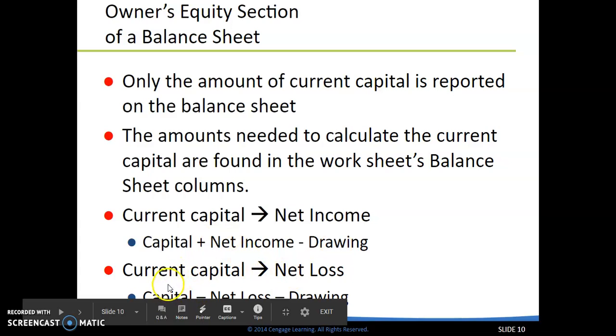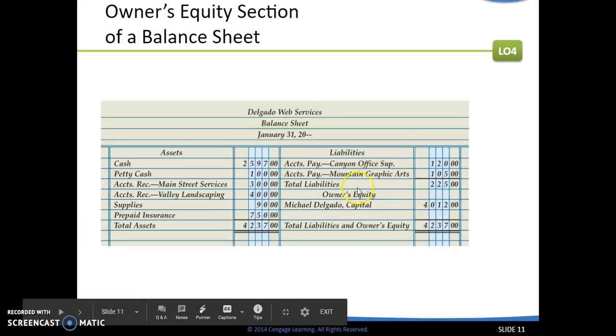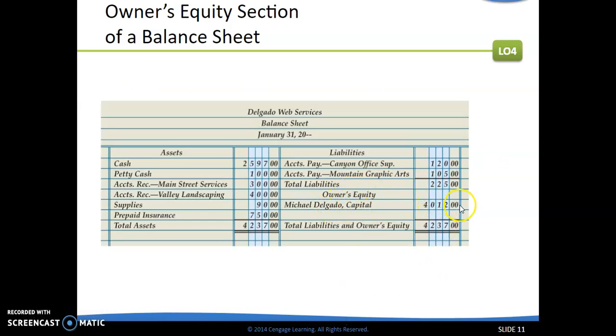If there's a net loss, you do capital minus net loss minus drawing. That will give you the amount of current capital. I repeat, this number here, you do not take directly from the worksheet. And that will give you current capital.